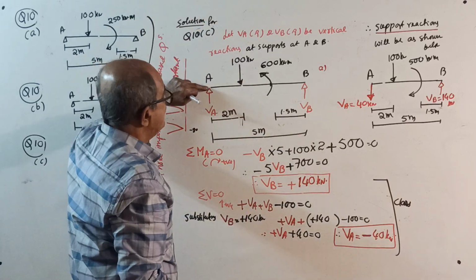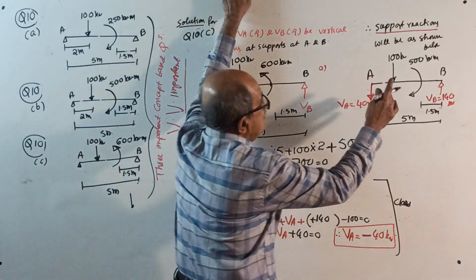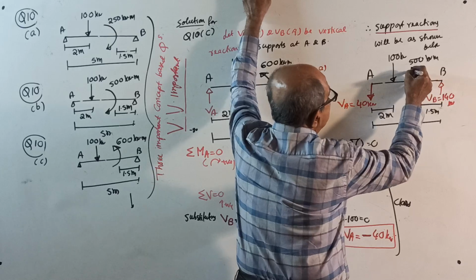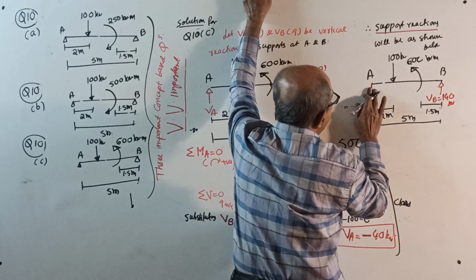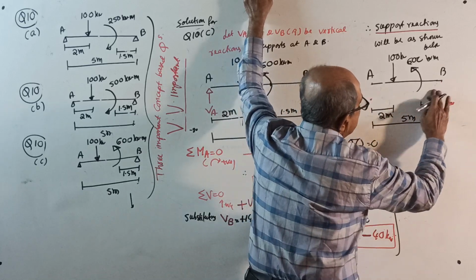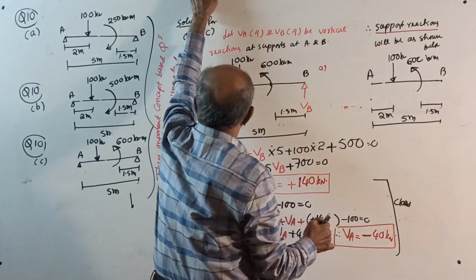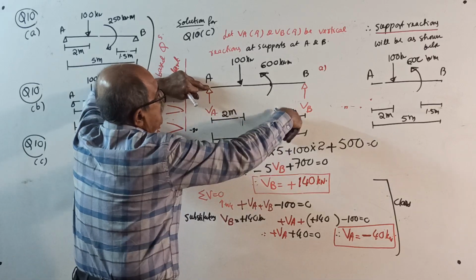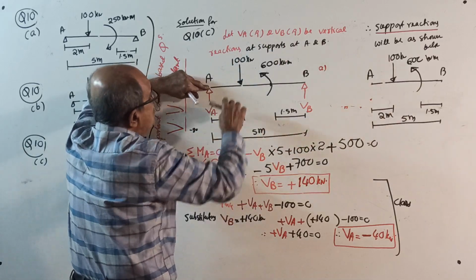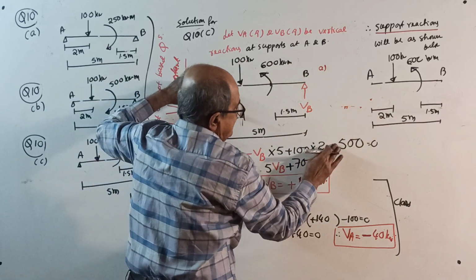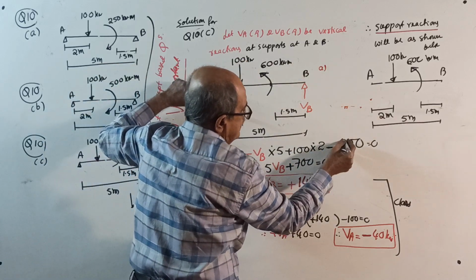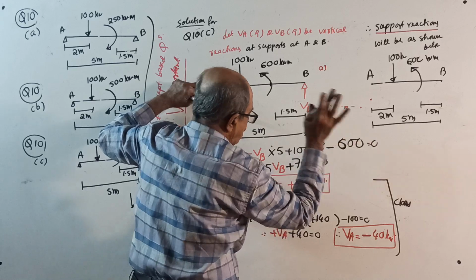Now, take moment about A. So, later when I put here, this is anti-clockwise 600. Reactions are still pending. Minus VB into 5 plus 100 into 2 minus 600 equal to 0.